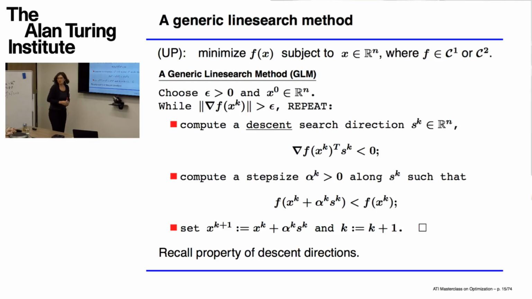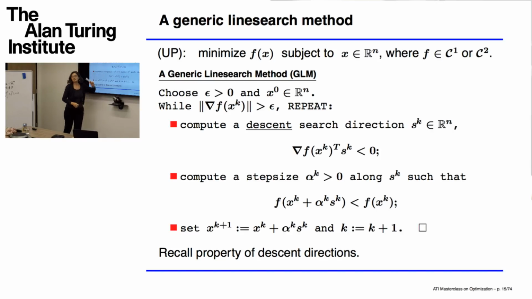So descent direction means exactly this property that we've seen. We somehow calculate an sk such that this is satisfied. We've already seen that the negative gradient direction is an example of an sk that will satisfy this. And once I've computed my sk, then I calculate this alpha k to decrease my function. And then my next guess of the solution will be this new point. Right.